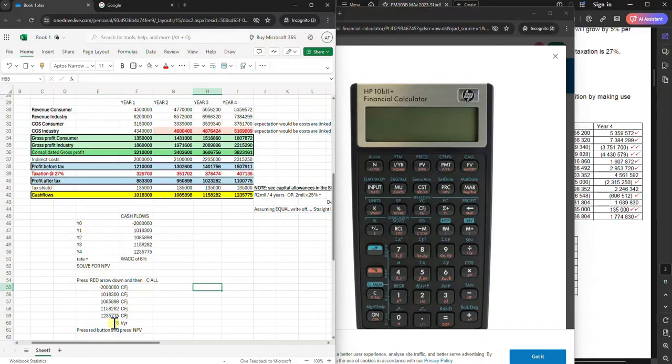All right, NPV solve. You didn't do 6 I/YR on. Yeah, I've already put all of that in. Okay, what did you get? I got 2,440,792.